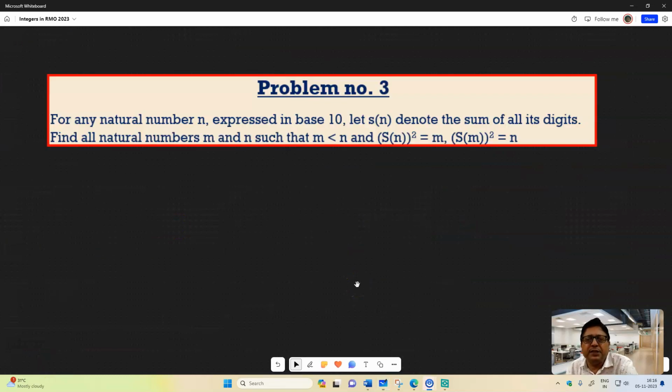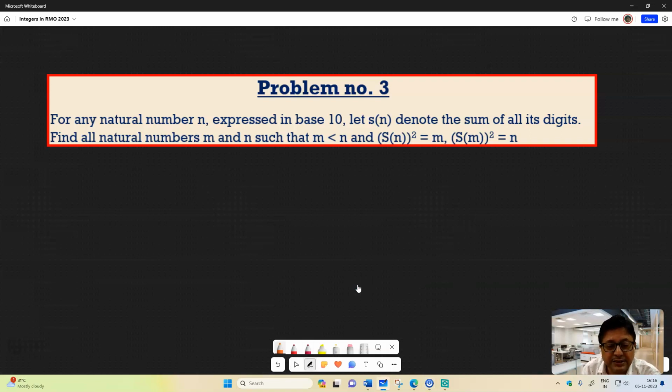Let's see the next problem. This is problem number 3 in RMO 2023. Also we need the concept of integers, but number theory never. Number theory is not needed. Just integer concept will be enough. What is given there? For any natural number n expressed in base 10, Sn denotes the sum of all the digits.